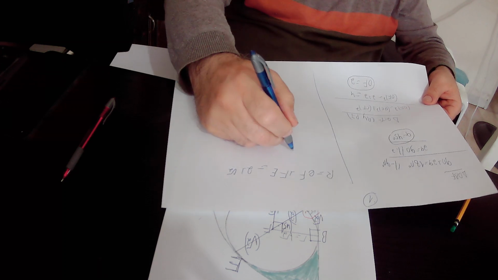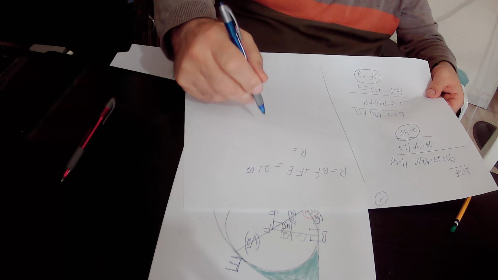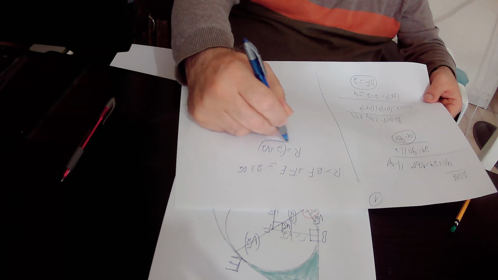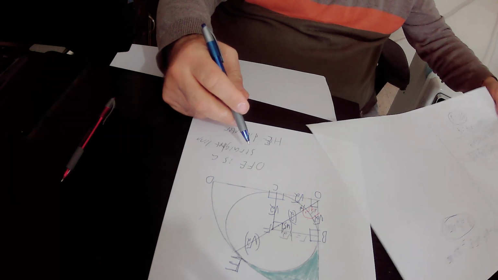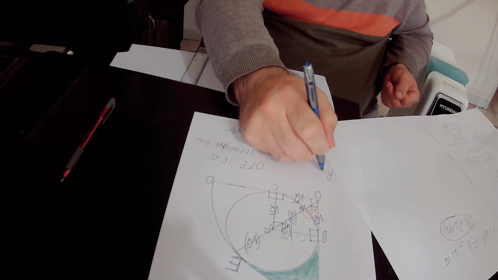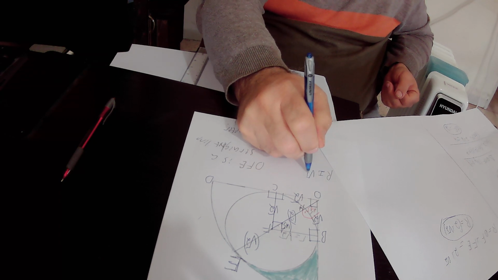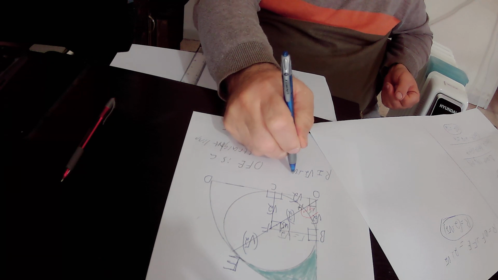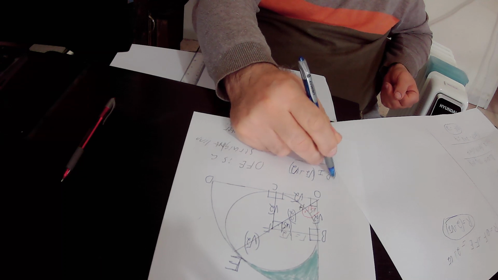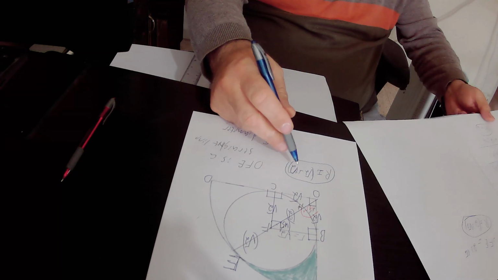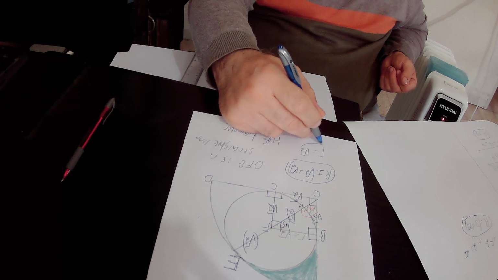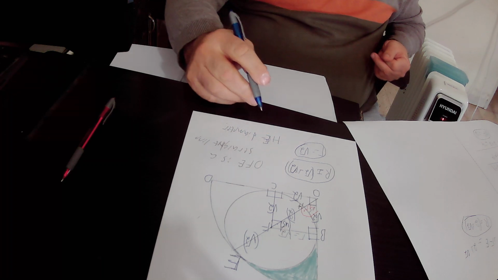So we found out that capital R equals 2 plus square root of 2, while the radius r of the small circle equals the square root of 2.